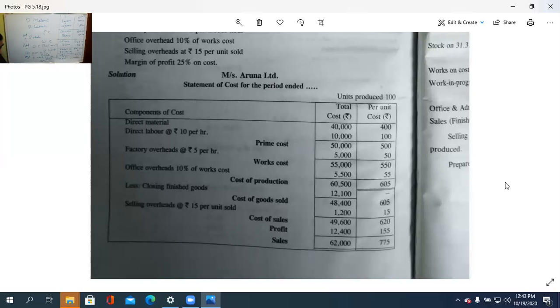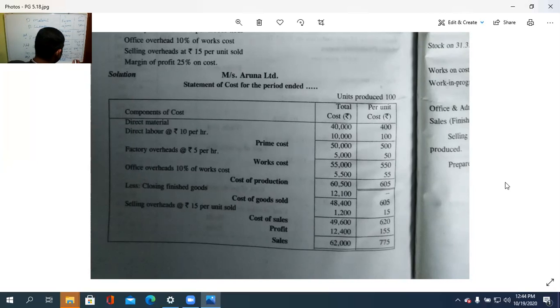Check it. 62,000 is the sales. 25% it is. See, 12,400 is the profit. So sales is how much? 62,000.